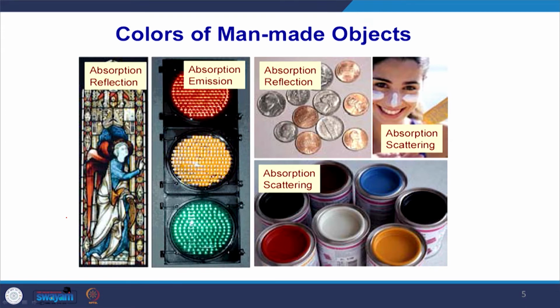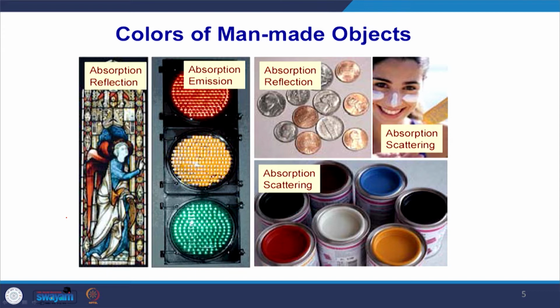Now there are several colors which are natural, and there are several colors of man-made objects. We assign colors to those different man-made objects, and they are also recognized by our eye because the reflection is reaching our eye.